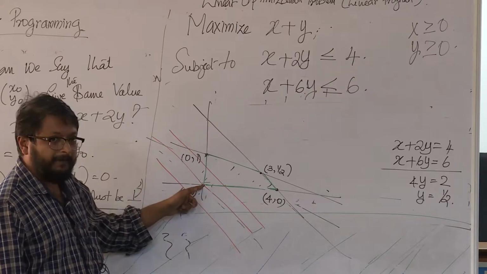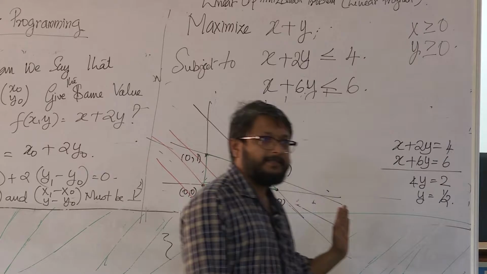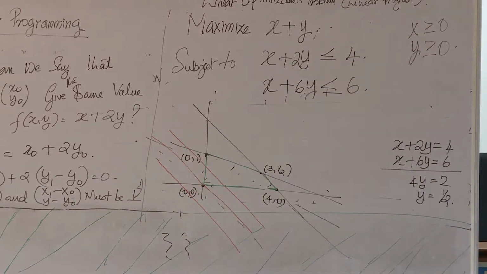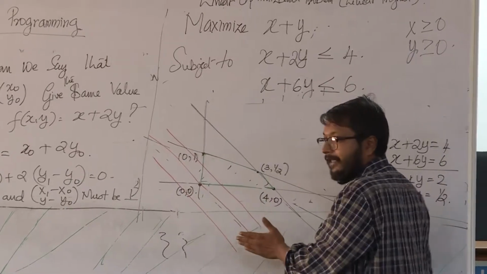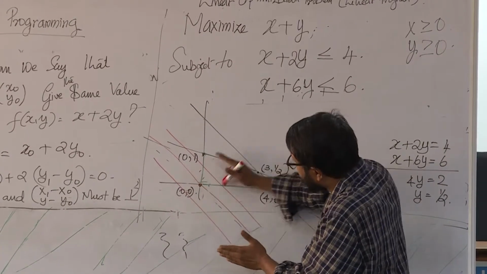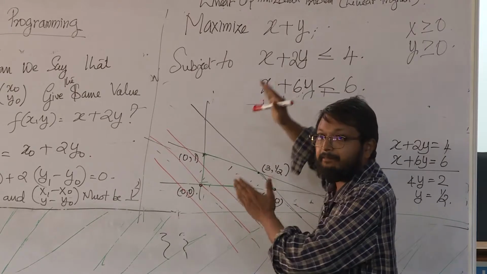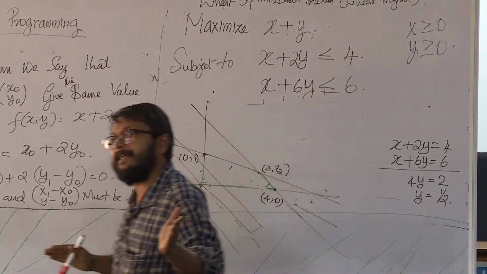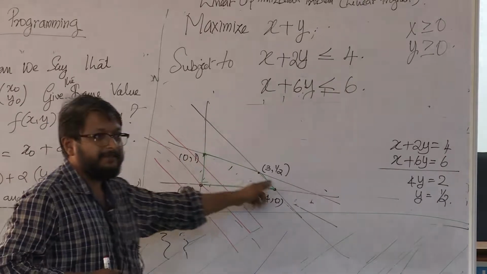this is a corner point. So how will I try to maximize this function, x plus y? I will try to draw a line parallel to this as much to the right till a point is reached. If I shift the line any further, I will go out of the feasible region.